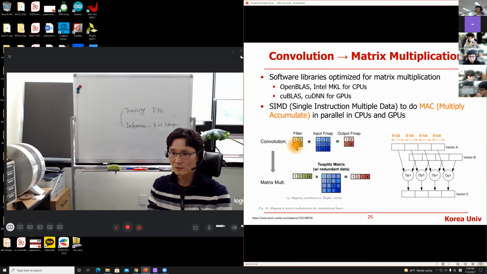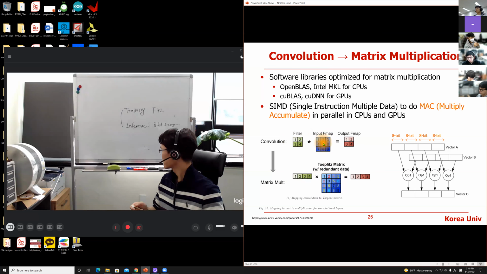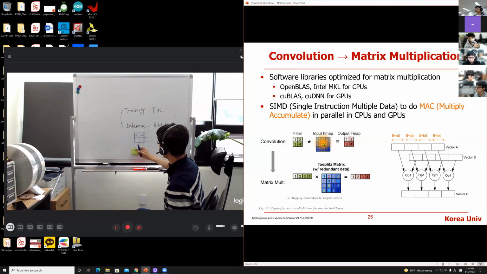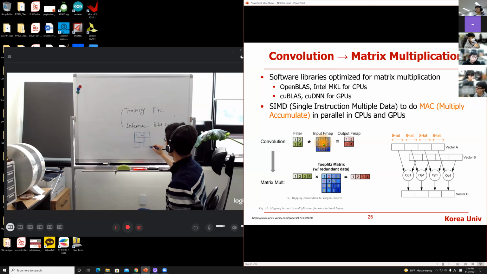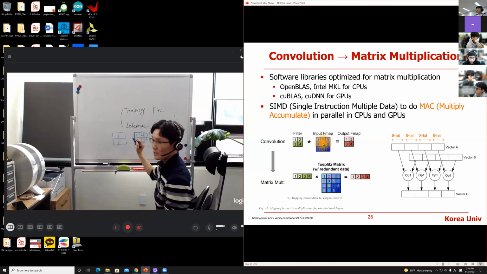Look at this position, this row and this column: 1, 2, 4, 5 of the input image. The pixel positions are 1, 2, 3, 4, 5, 6, that is the input, and you have the filter, 1, 2, 3, 4.